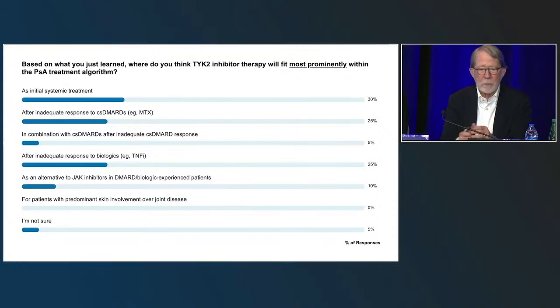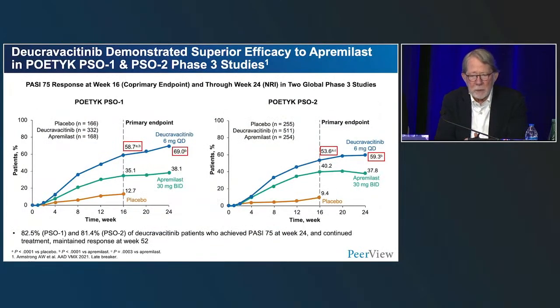Okay, so one of the items that came out here, 23% of you thought this might be used after a TNF inhibitor. One of the key things about the safety profile for the psoriasis indication is that there is not a requirement to use a TNF inhibitor prior to use of deucravacitinib.